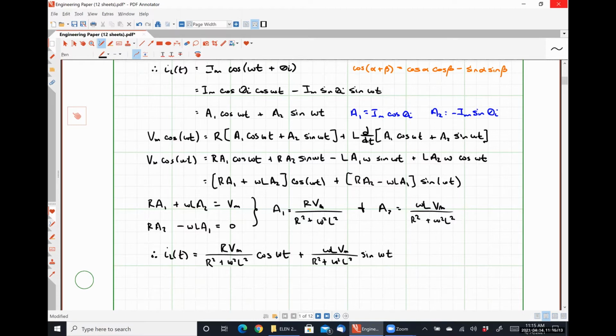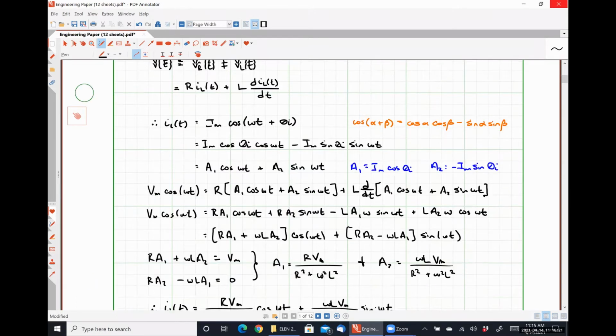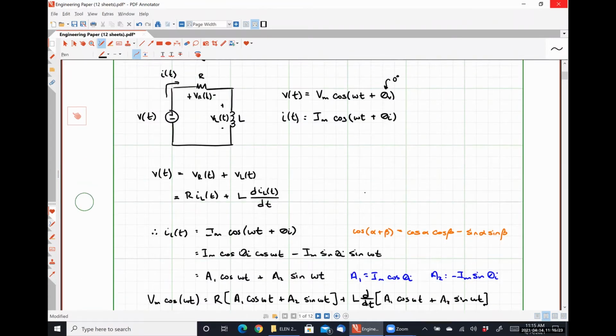So we have a functional form of the current circulating through our simple three-element system, but expressed in terms of our known values. We know what our excitation frequency is. We know what our excitation magnitude is. We know what the value of R is. We know what the value of L is.